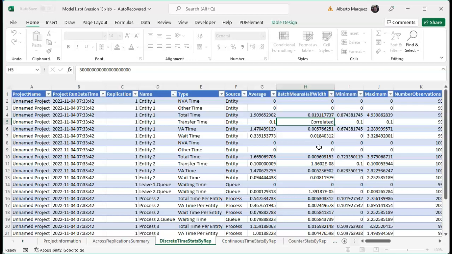Why do we have correlation, you may ask? Well, let's think about it this way. If entities flow very sparingly, separate one from another, what happens with one entity is not related to what happens to the next entity. But when entities, so to speak, jam the system, the utilization of the resources is very high.